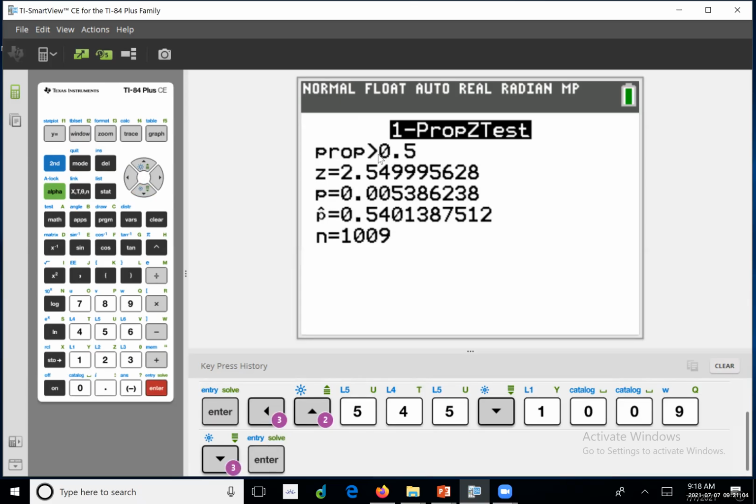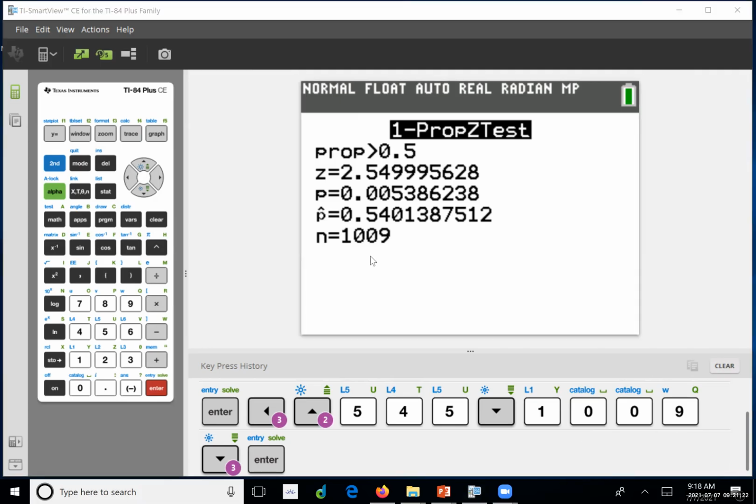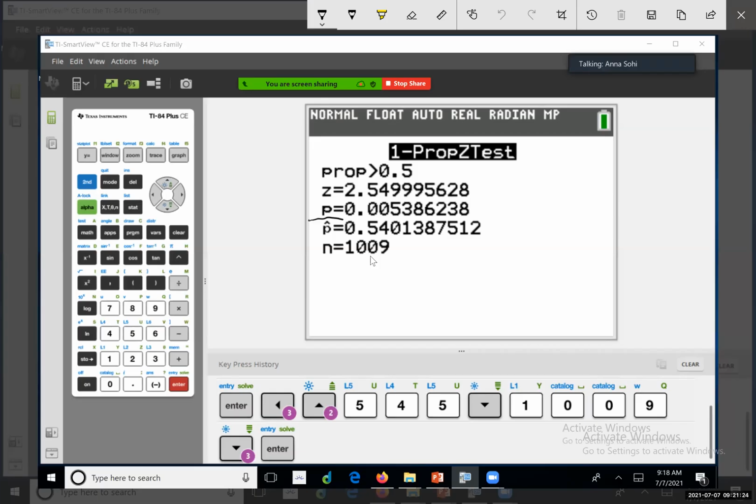Do you see prop greater than 0.5? So that's your claim, the first sentence. Z value is just the test statistic. We don't use it much unless they ask to write it out. But we really always need this, which I'm going to explain in a second through PowerPoint and examples, that this is the p-value.